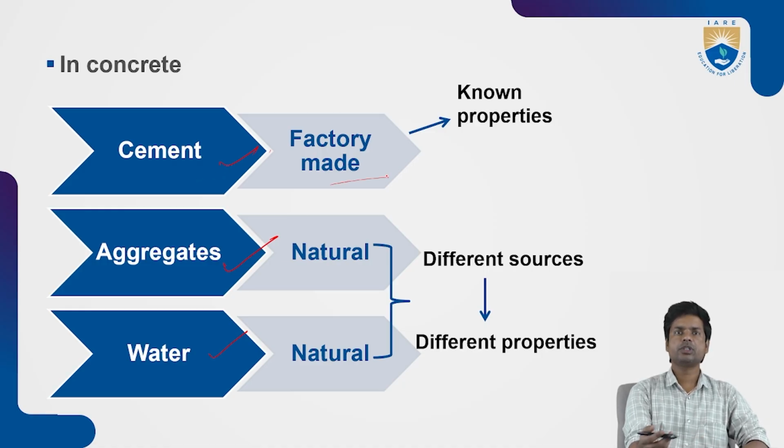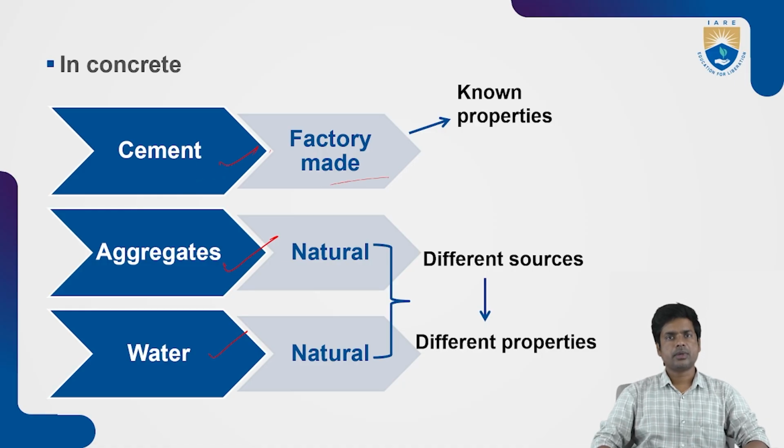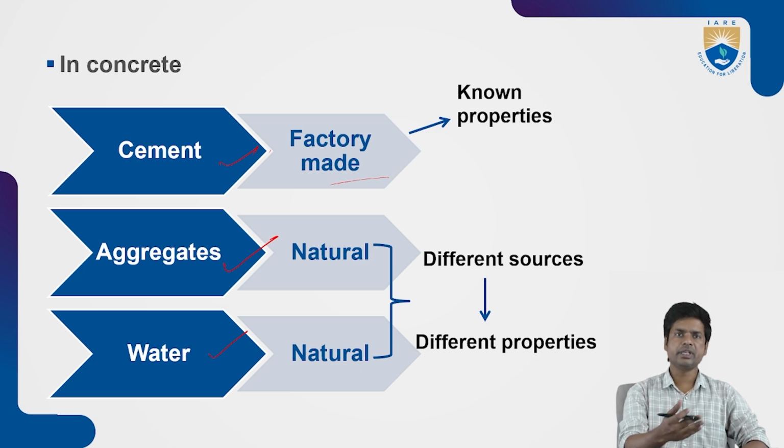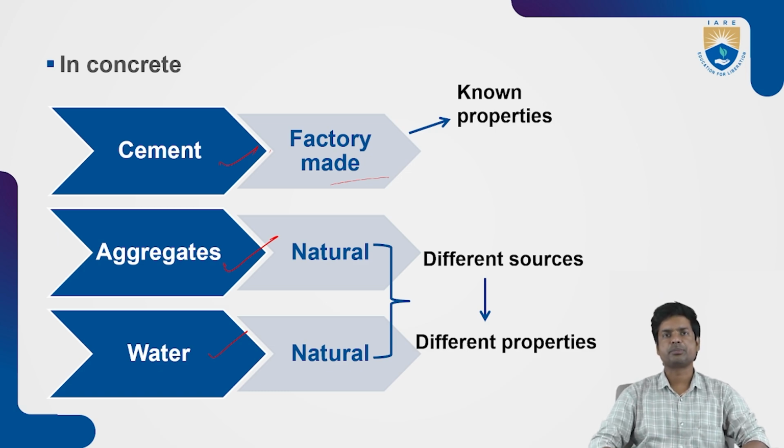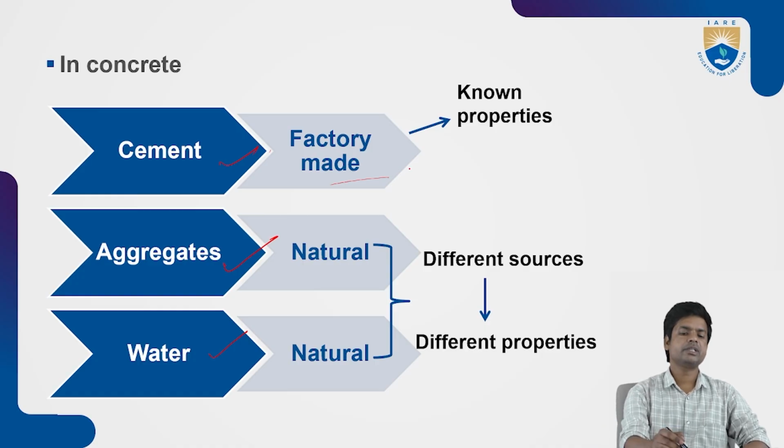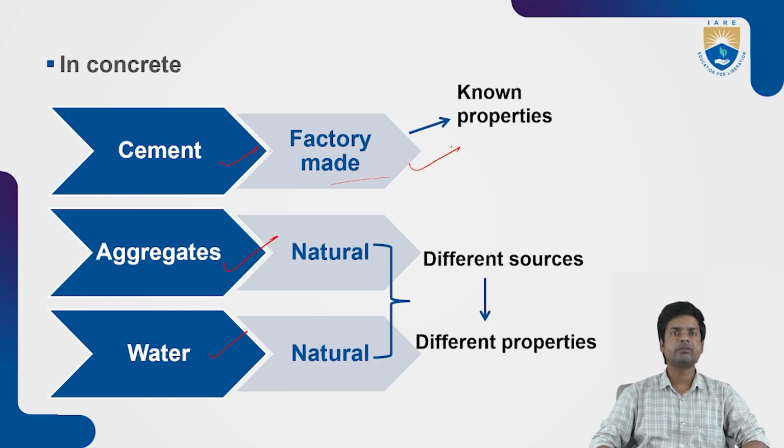That means we know the properties. We manufacture the cement as per our requirement, and we check the chemical composition at every activity while manufacturing. So in a controlled environment we prepare the cement.